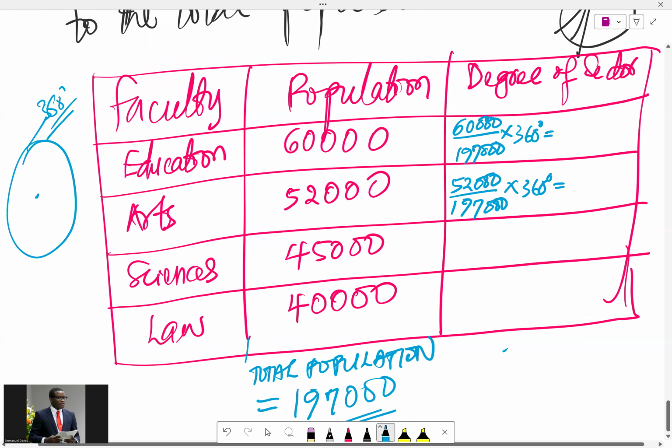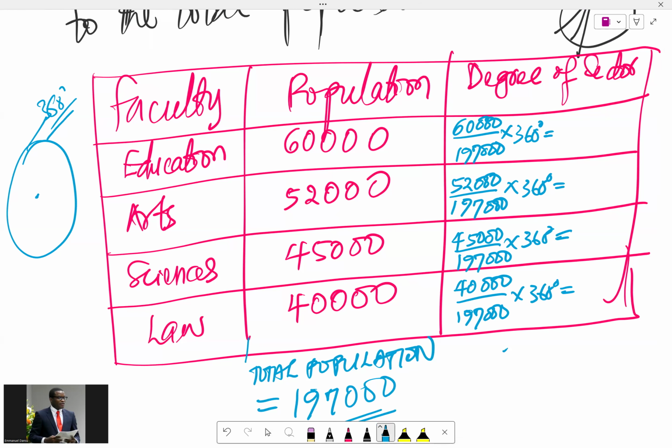You get the angle for the sector. Then next you have 45,000 divided by 197,000 times 360 degrees. And lastly, you have 40,000 divided by 197,000 times 360 degrees. So that way you can know the magnitude of each sector, I mean how large the sector that each of those things is going to occupy.